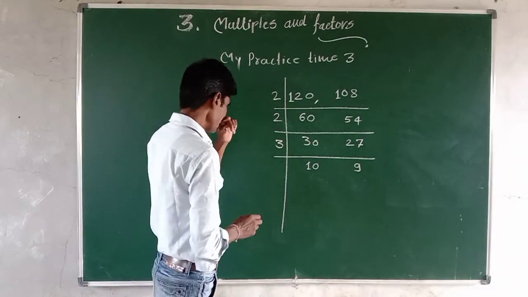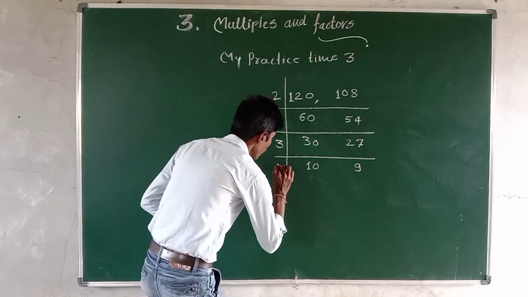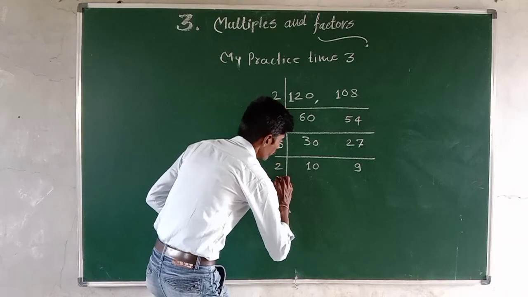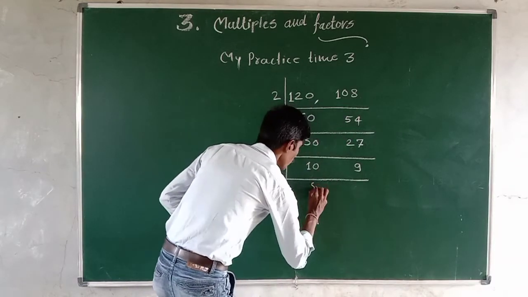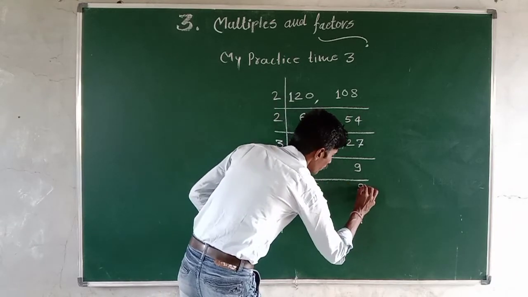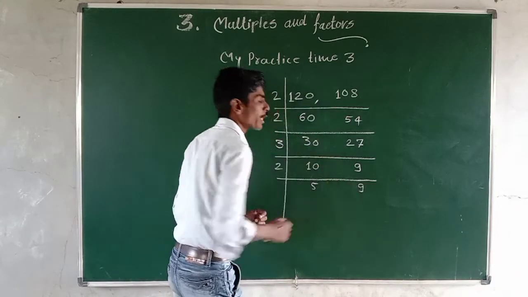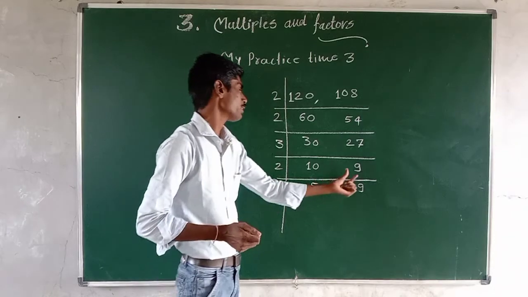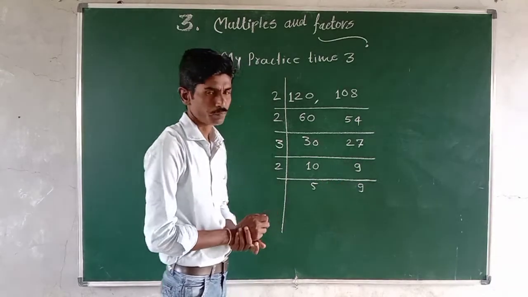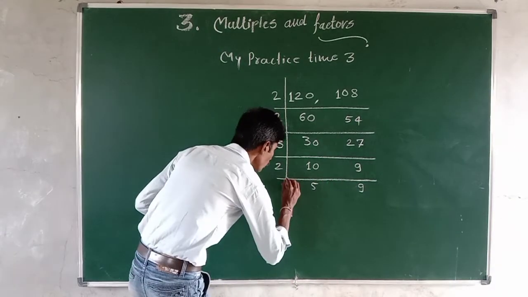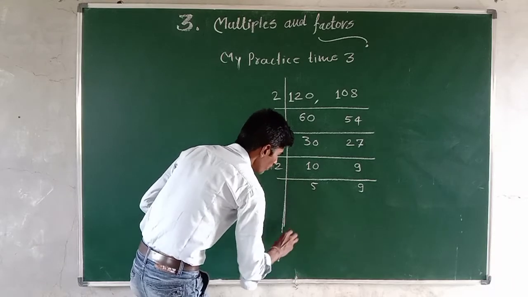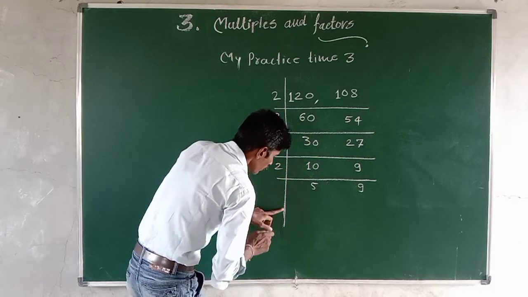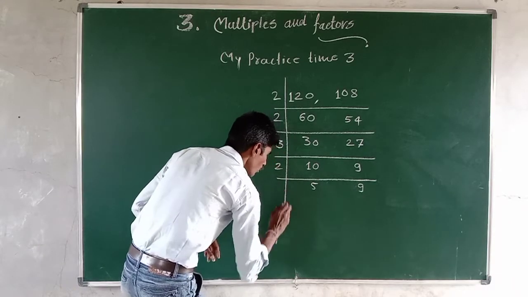Now this 10 can be divided by 2. 2 5s are 10. This 9 cannot be divided by 2, because, sorry, it is an odd number. Now this 5 is a prime number and this 3 is an odd number.